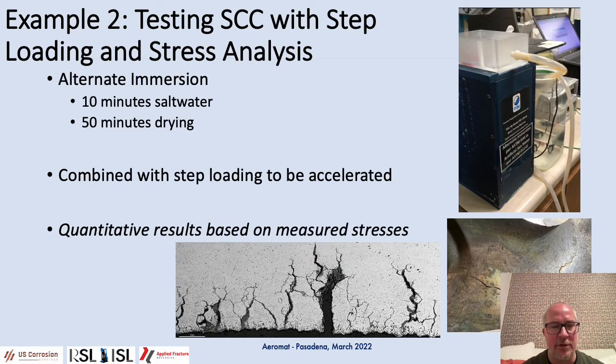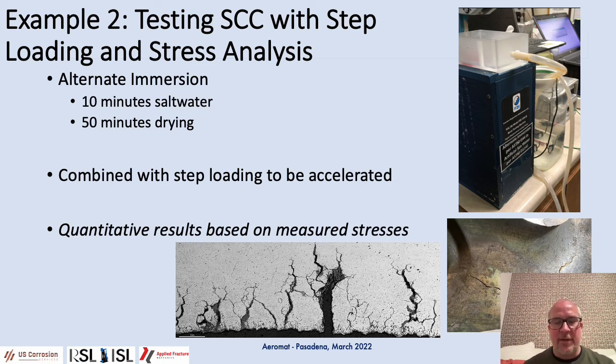For stress corrosion cracking, the alternate immersion test has been widely used for looking at steel and aluminum and other materials, and it's based on alternate immersion. So essentially, the materials are subjected to salt water for 10 minutes, and then for 50 minutes they dry off. And this cycle is repeated over and over every hour.